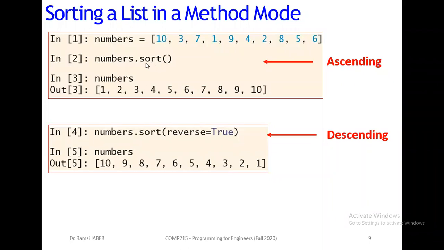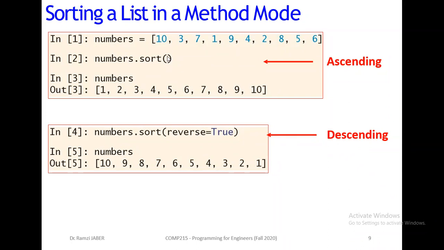Okay, we have this numbers list. When I write numbers dot sort, automatically this syntax will modify the original list. So when I call numbers again, the original list will be sorted. If I want it to be descending, we put reverse equal true.